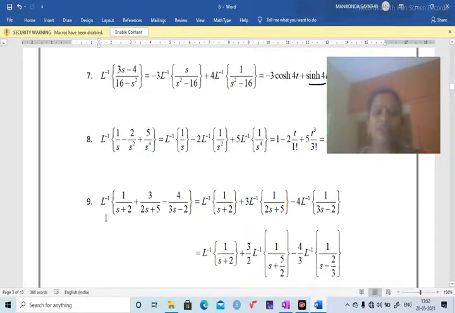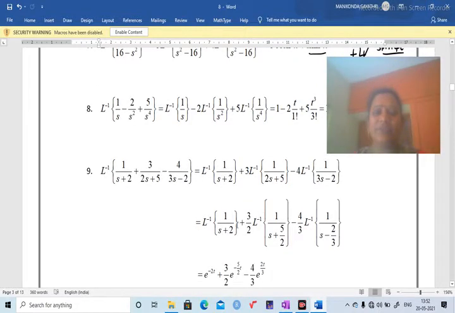Here also I am writing separate L inverse for each term by taking constants outside. So L inverse of 1 by s plus 2 is e power minus 2t. Here the coefficient of s is 2, that's why I am taking 2 outside, then the denominator becomes s plus 5 by 2.